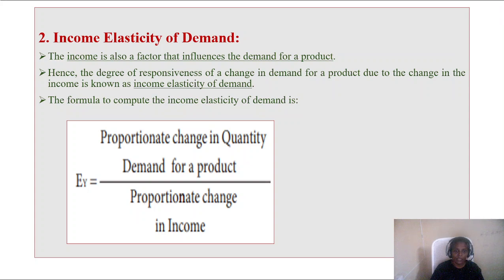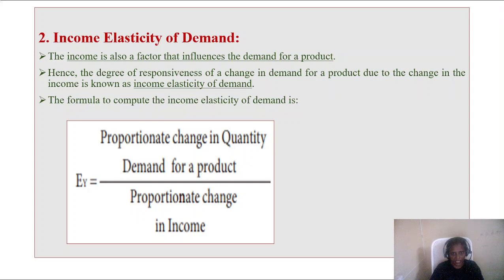When your income increases, when your parents give you 500 rupees as pocket money for your birthday, what will happen? Obviously, according to the increase in the money in your hand, you will take your friends to the canteen for a treat.